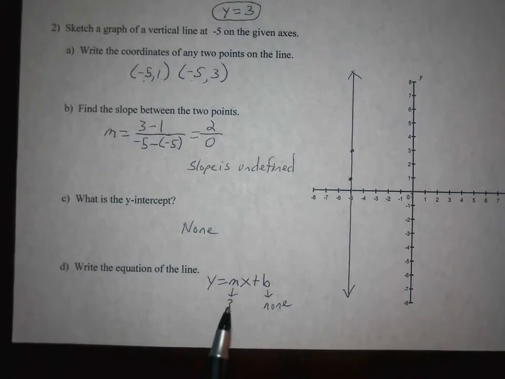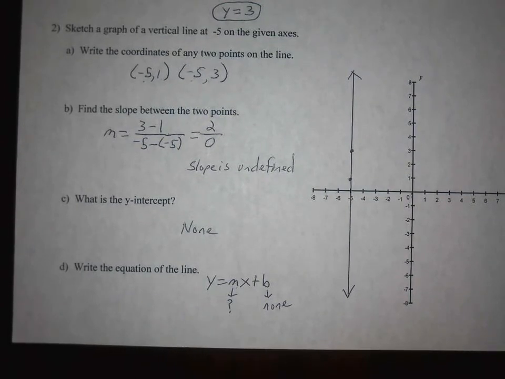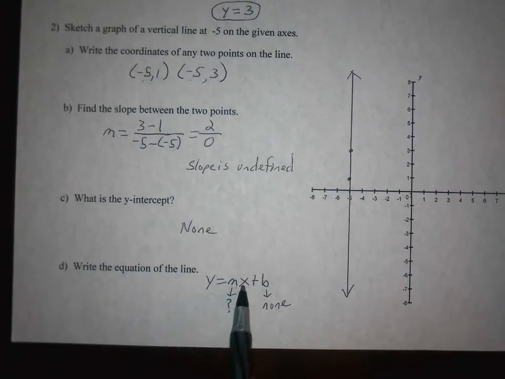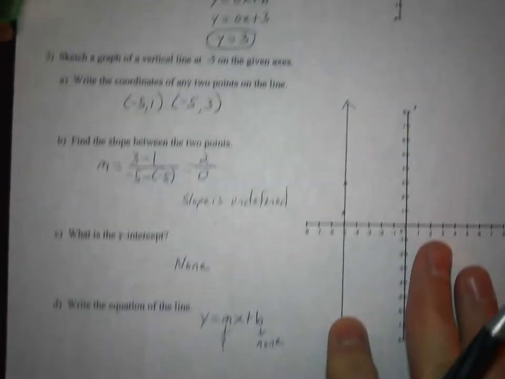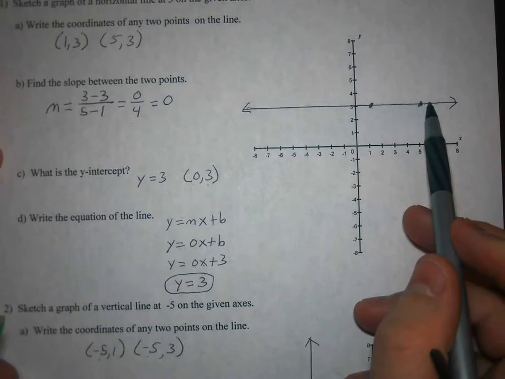Okay, so how do we take care of this? Well, this is the only case where trying to use y equals mx plus b and substituting numbers in is not going to work, because we have an undefined slope. You can't multiply an undefined number by x. So that's a problem, and also none for the y-intercept, that's also a problem. So this is the case where we need to think about it. Notice in the first case when we had a horizontal line, notice what happened with our equation.